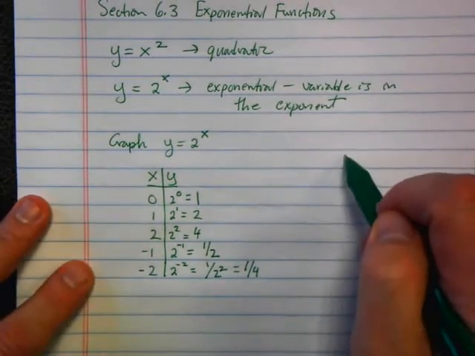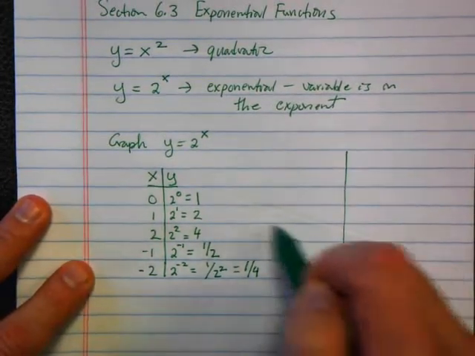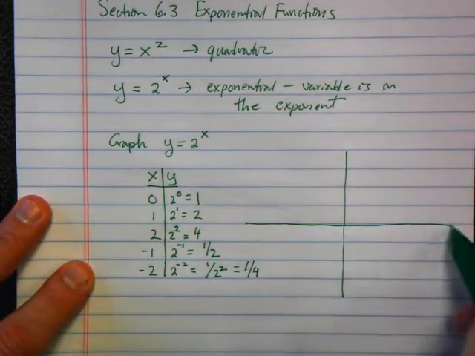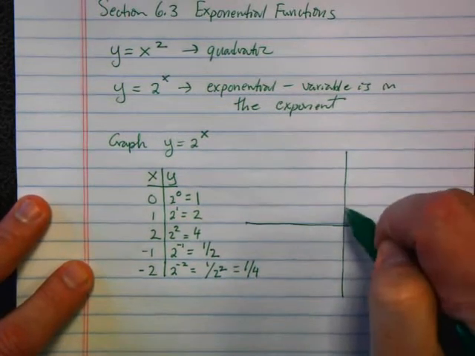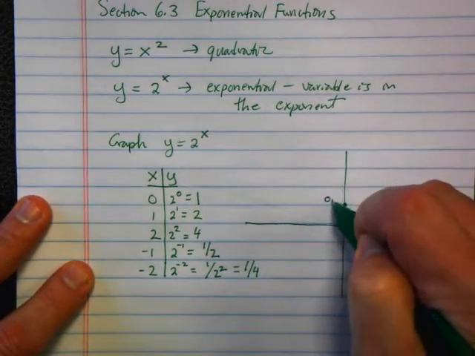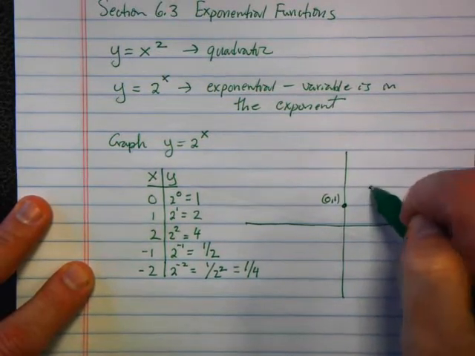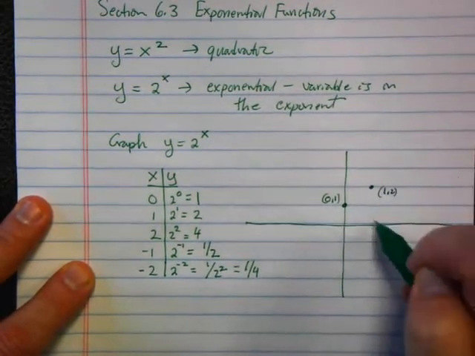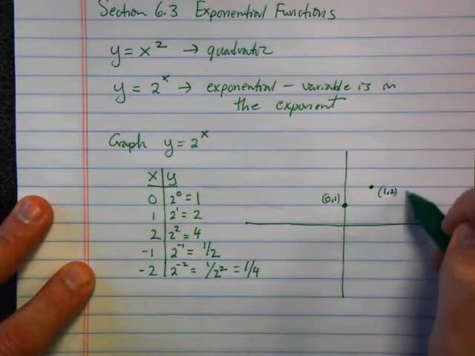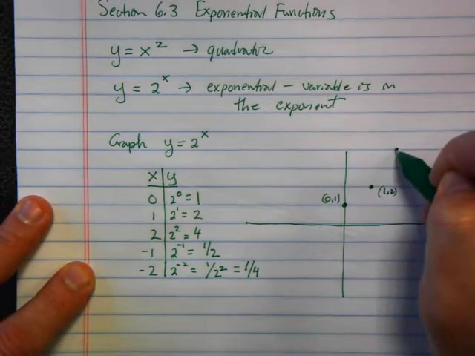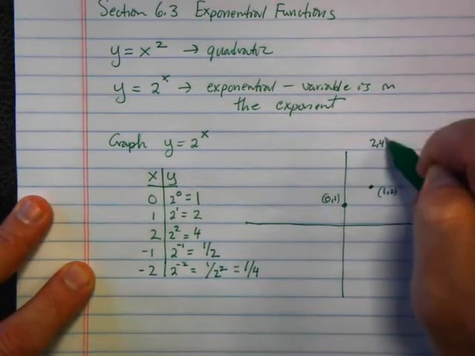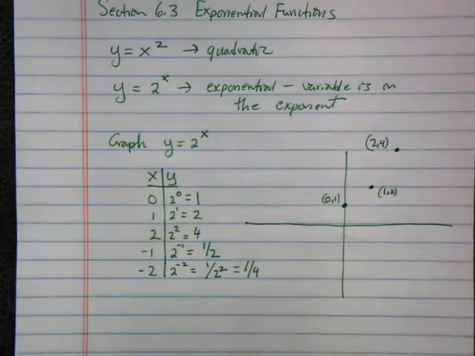All right, so looking at this, it looks like we have 0, 1; 1, 2; 2, 4. What would happen if I plugged in 3?